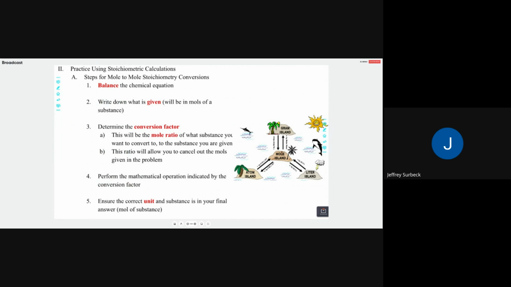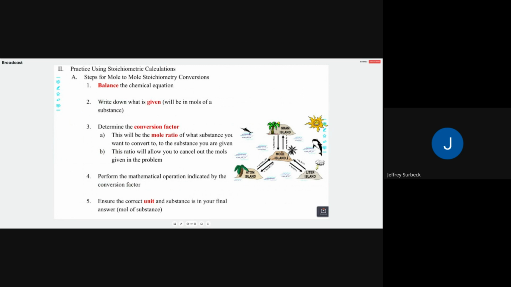So we'll talk about some steps and then we'll move to an example. Number one, every single problem, we're going to start the same. Balance, balance, balance the chemical equation. You have to write down what's given. And then a major thing. Last chapter I said, make sure you go to the middleman moles. The same thing is occurring right here.